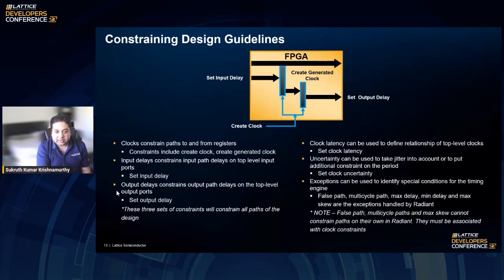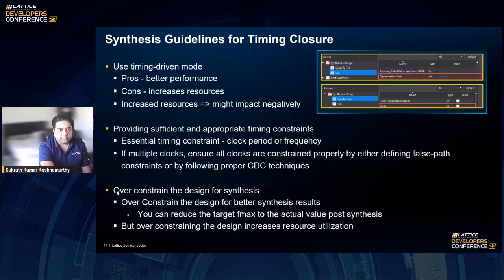Min delay constraint and max Q constraints. All these are timing exception constraints and are handled by Radiant. Please note, false path and multi-cycle paths along with max Q cannot constrain the paths on their own. This should always be associated with the clock constraint. This goes back to saying, make sure that all clocks in the FPGA are constrained properly.